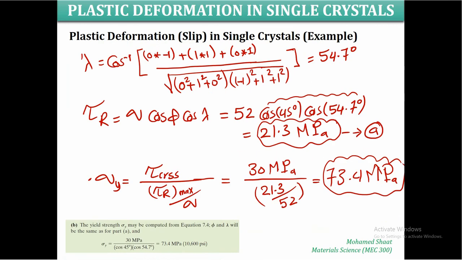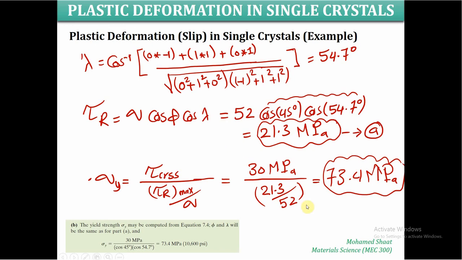But why did we calculate the resolved shear stress? This resolved shear stress is just the stress that is going to act over the dislocation line, but it is not necessarily able to move it. So currently under the 52 applied stress, the shear stress that is going to act over the dislocation inside the material microstructure is equivalent to 21.3 megapascal, and it is not big enough to move it.